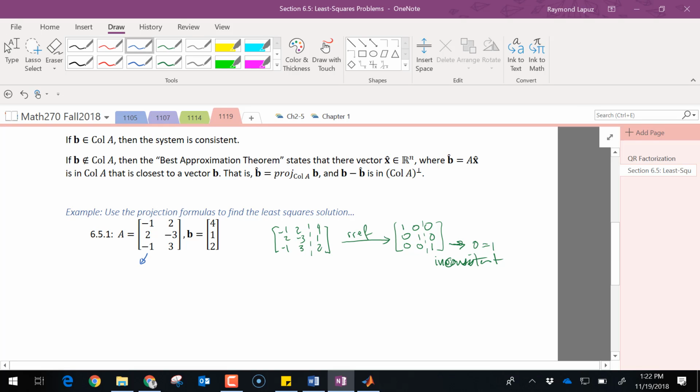So we have x1 and x2. I think we just need to orthogonalize it, and then we need to do the projection. So x1 will remain x1, and v2 will be x2, which is 2, minus 3, 3, minus x2 dotted with x1 divided by x1 dotted with x1 times x1.